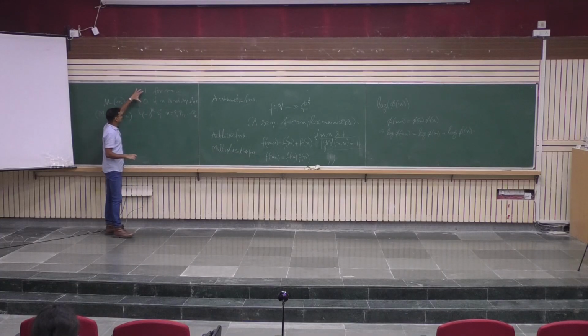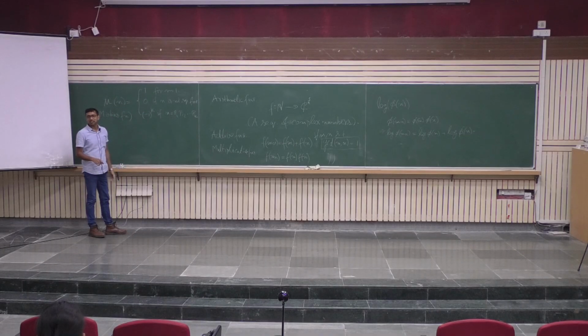So of course the first case, n equals 1, will be clubbed together with this, because here the set of primes dividing n is empty. So there are 0 primes, and you get minus 1 to the power 0.